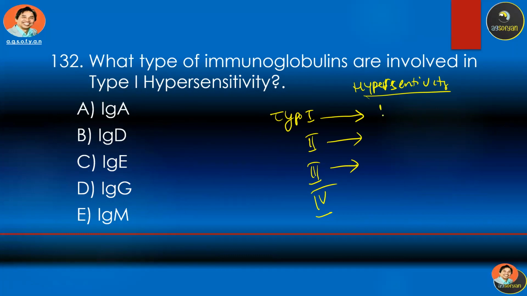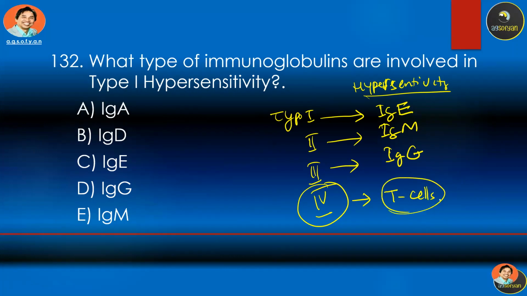So type 1 is caused by the IgE that is really overreactive. Type 2 is IgM, and type 3 is by IgG. And type 4 is the only one caused by a cell, which is the T cell. So the T cell is overreactive. So for type 1 it will be IgE.